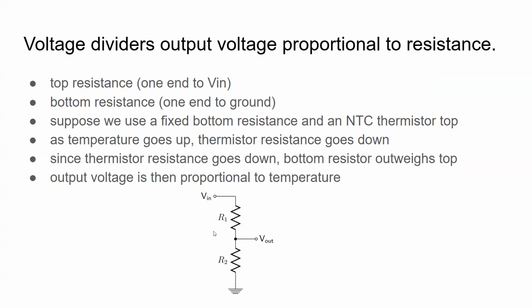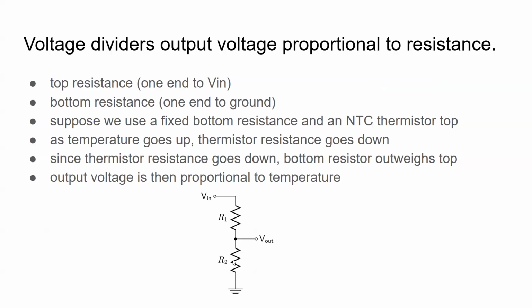If I have the top resistance as an NTC thermistor and the bottom resistance as a fixed resistor, then as the temperature goes up, the top resistance, since it's negative temperature coefficient, will go down.